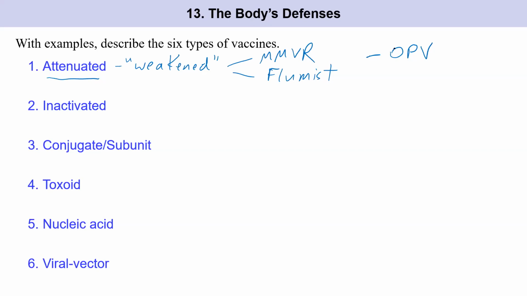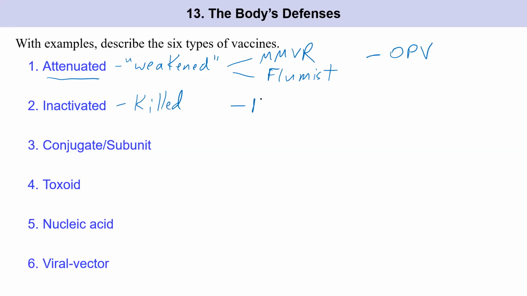So inactivated is just another word for killed, right? Sometimes we don't say killed because a lot of people don't consider viruses to be alive anyway, so inactivated is maybe a bit more accurate in some ways. There are ways to kill them. Usually the classic method is using formaldehyde or something like that.